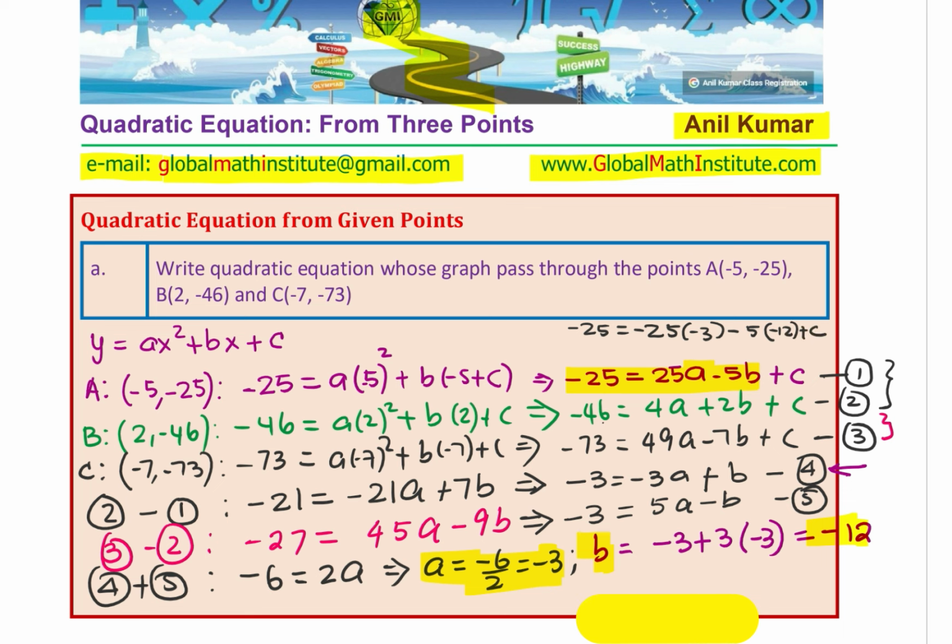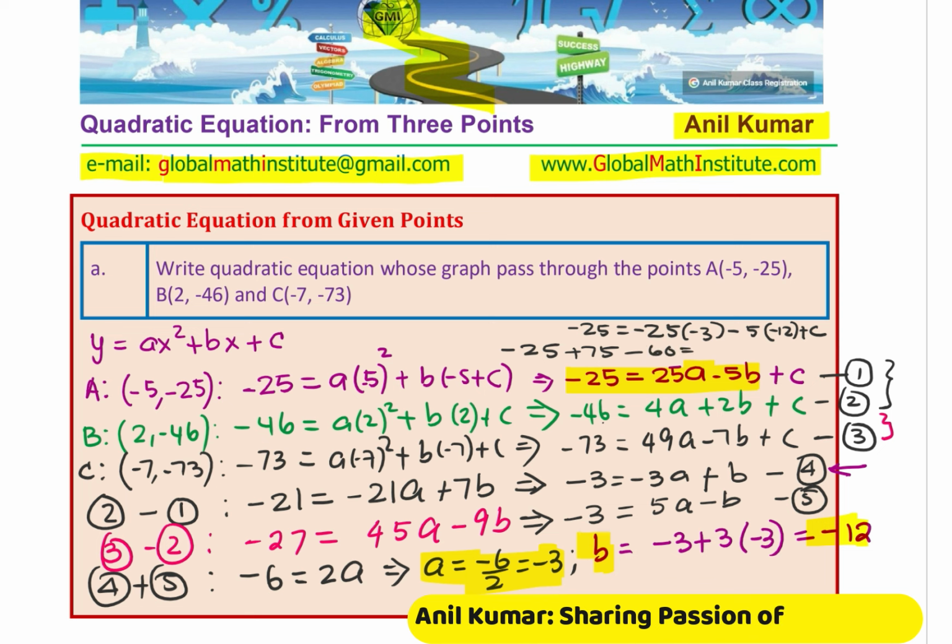Taking all these terms to the left, we have -25, and that is plus 75 when you bring it here, and minus minus plus becomes -60, equals c. So -25 plus 75 is 50, and minus 60 will be -10. So we get the value of c as -10.